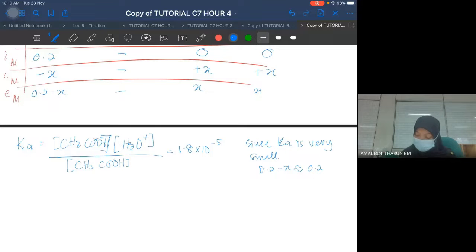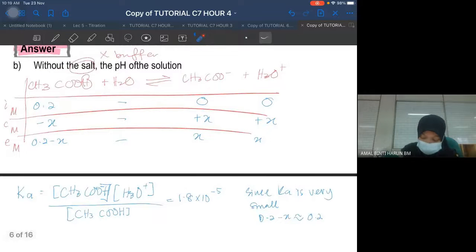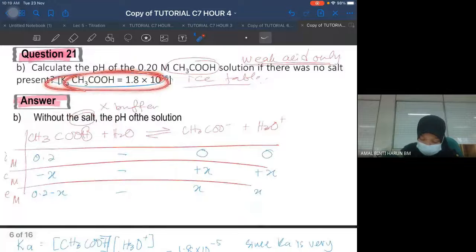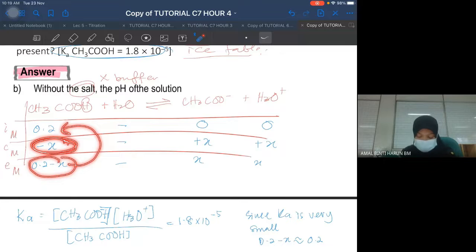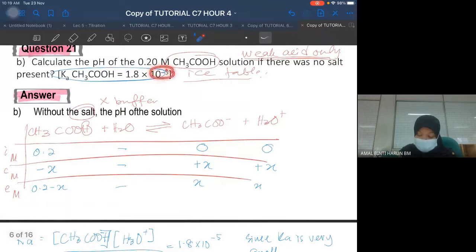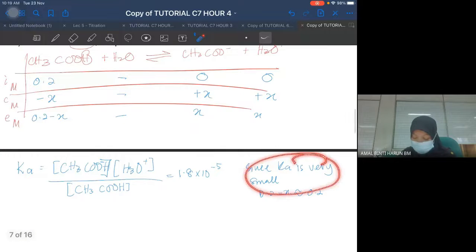Okay, boleh faham tak? Sebab apa? Degree of dissociation dia ni terlalu kecil, maka yang dissociate ni sangat kecil. So final concentration dia adalah 0.2 minus X akan menghampiri nilai yang asal. Itu dia punya assumption. If the Ka is starting from exponent negative 5, that one is considered very small. Or kalau you malas nak assume semua, you nak buat semua quadratic, that's okay.